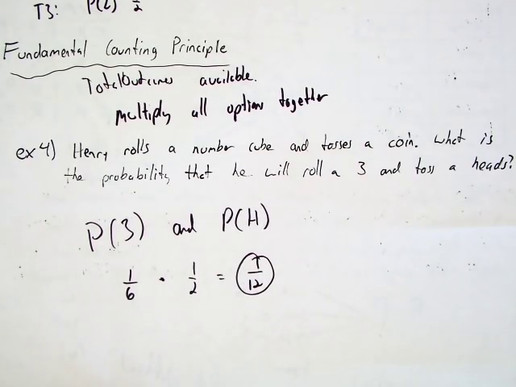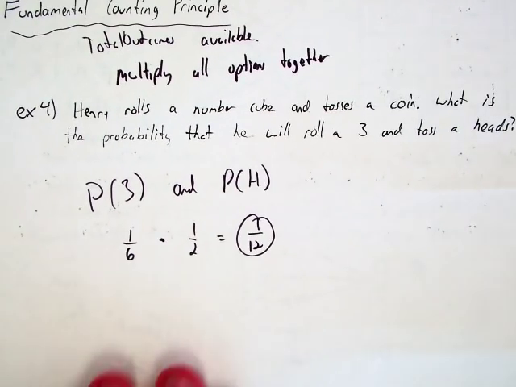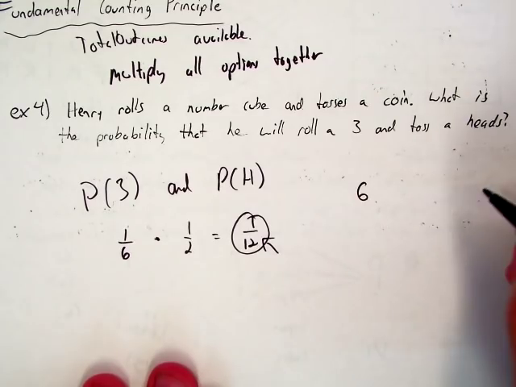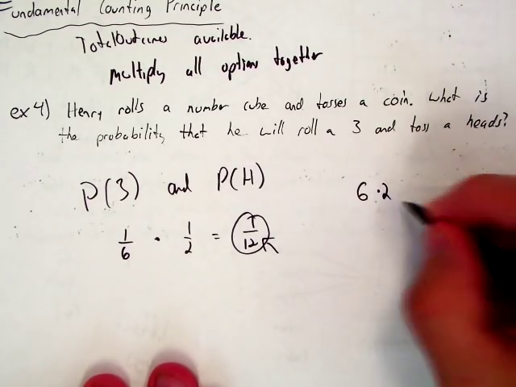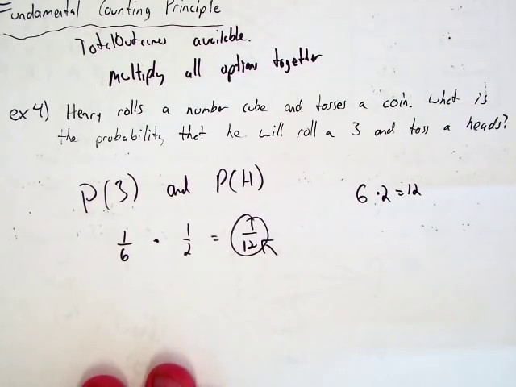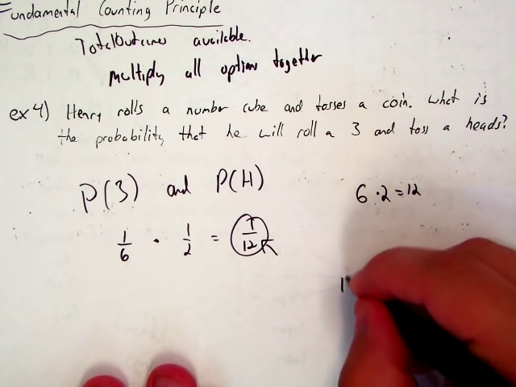Another way we can do that is to figure out the total number of outcomes. There are 6 outcomes for tossing a number cube and 2 outcomes for tossing a coin. So that'll be 12 total outcomes. So the denominator would be 12.